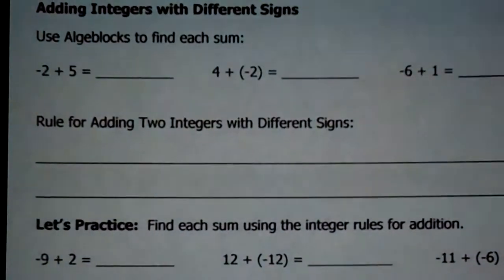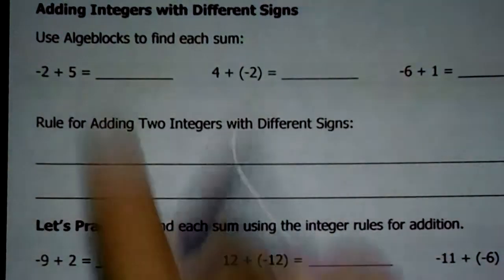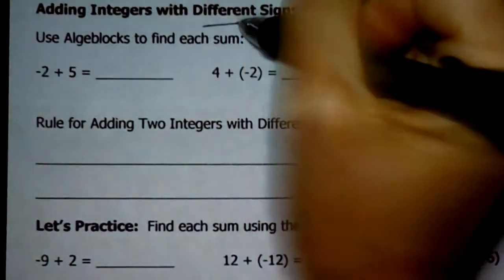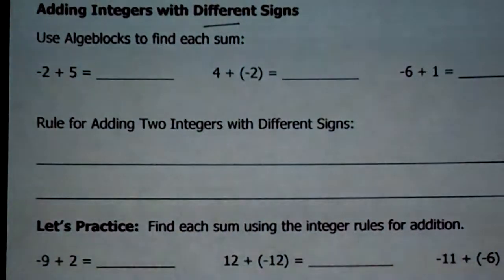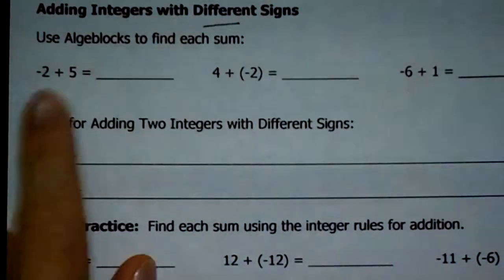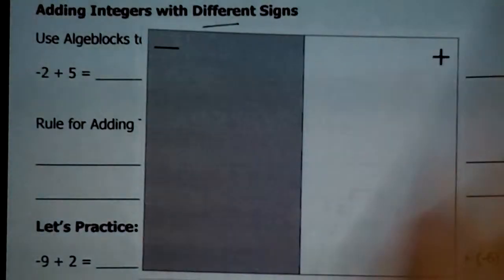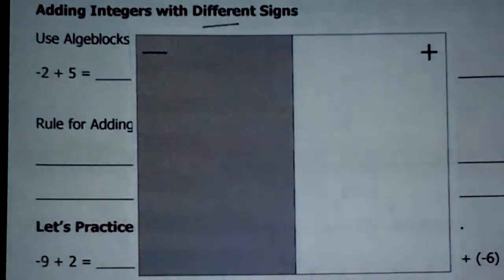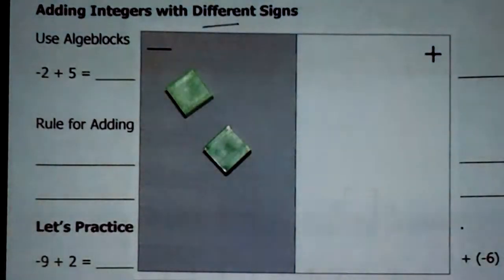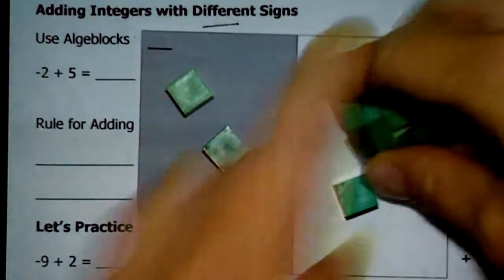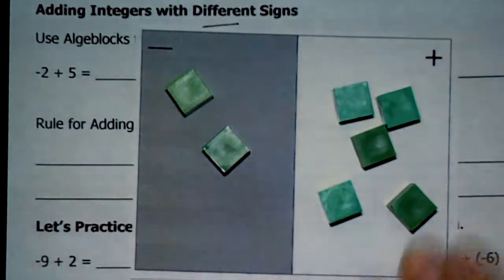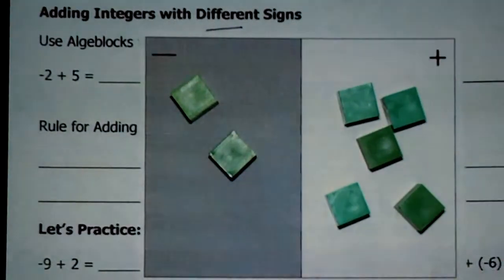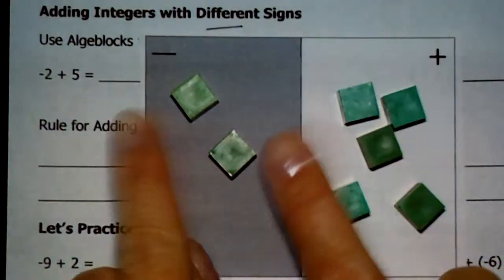So in these problems, I don't have the same exact digits, but we do have different signs. So now we want to figure out, how do we add integers with different signs? And we're going to use the blocks again. So I have a -2 plus 5. To model that on this mat, a -2 plus a +5 would look like this, right? Now addition means I want to put them all together. And when you go to put them all together, I don't have 7 of one kind.